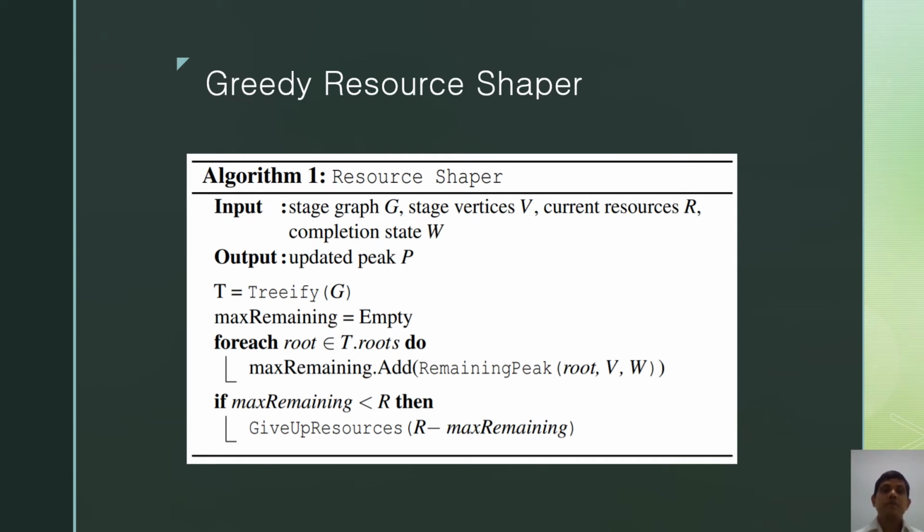Then we find the max vertex cut for each tree separately and sum them up. And if the new requirement is less than the current requirement, we give up the resource. We'll explain the treeification algorithm and the remaining peak algorithm in the subsequent slides.